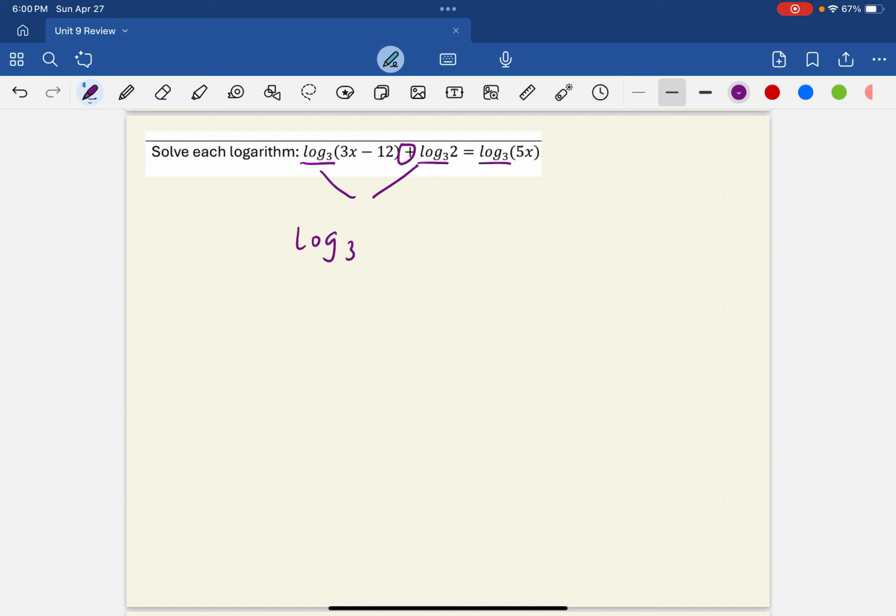So this is a plus sign, which is log 3x minus 12 times 2 equals log 3, 5x. So let's go ahead and cancel out these logs because there's one on each side. I'm going to rewrite 2 times 3x minus 12 like this, equals 5x.